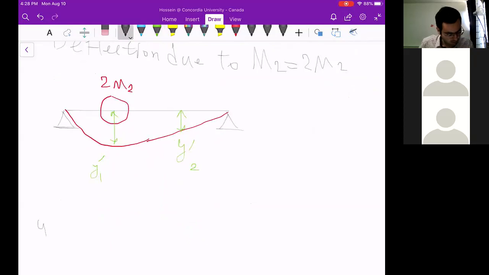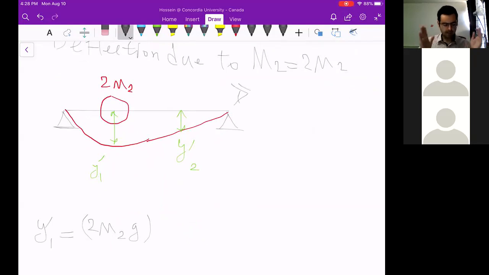So y prime 1 is going to be W, where W is mg, so 2m2g is the W. Okay? And x, we have to take a look at from this side for the equation.